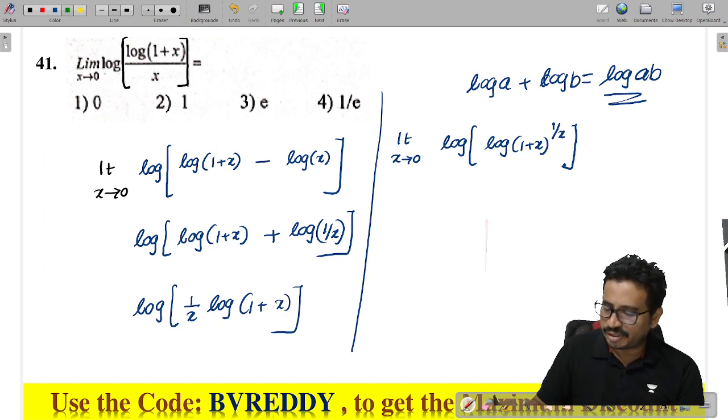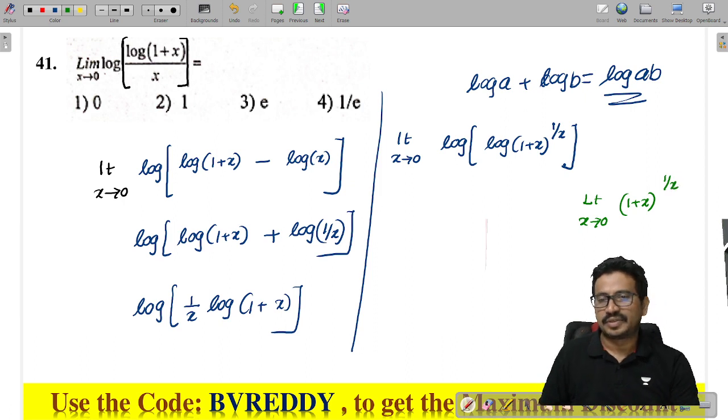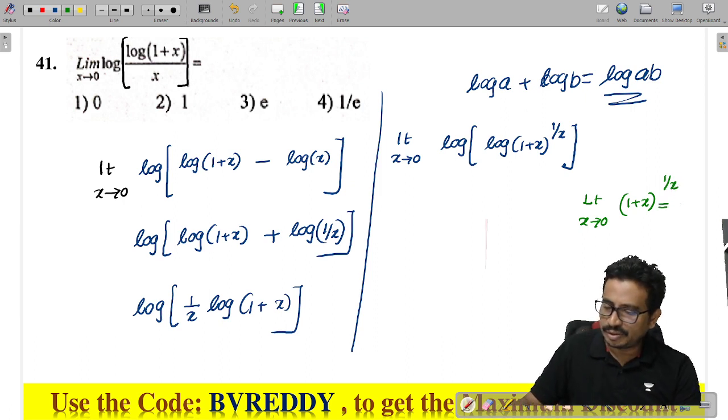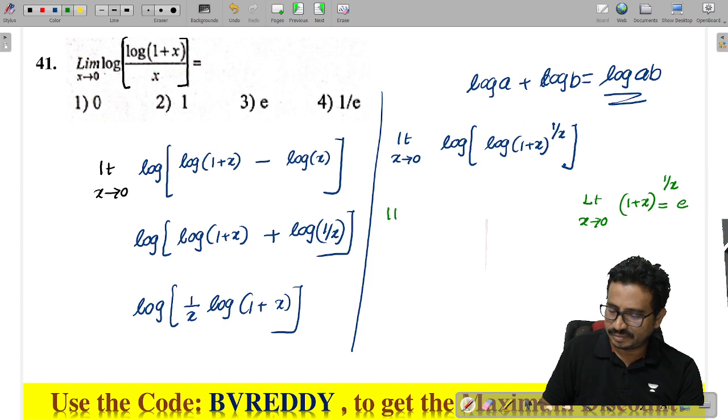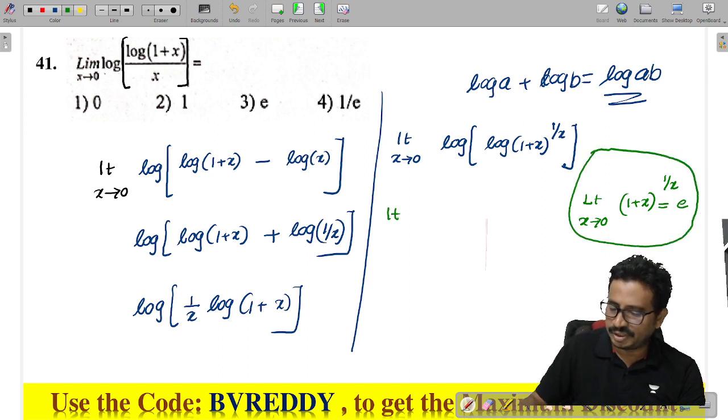And as you might know, limit x tends to 0 of (1 plus x) whole power 1 by x is equal to e, isn't it? This value is equal to e.